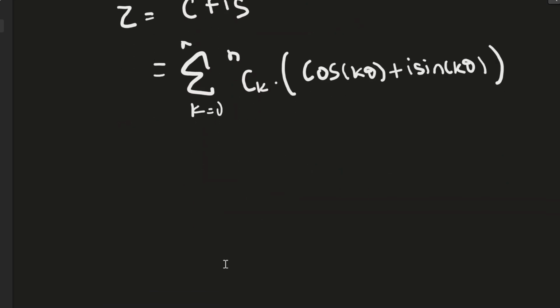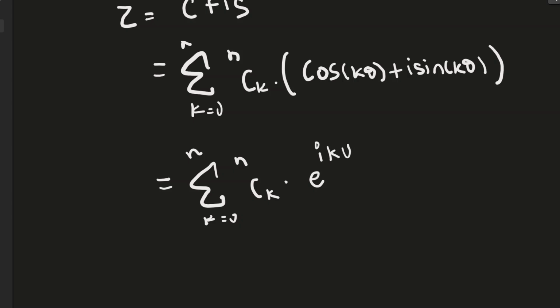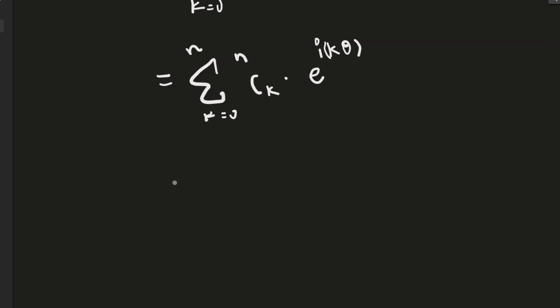And this can be written in a simplified form as n choose k times e to the power iota k theta.